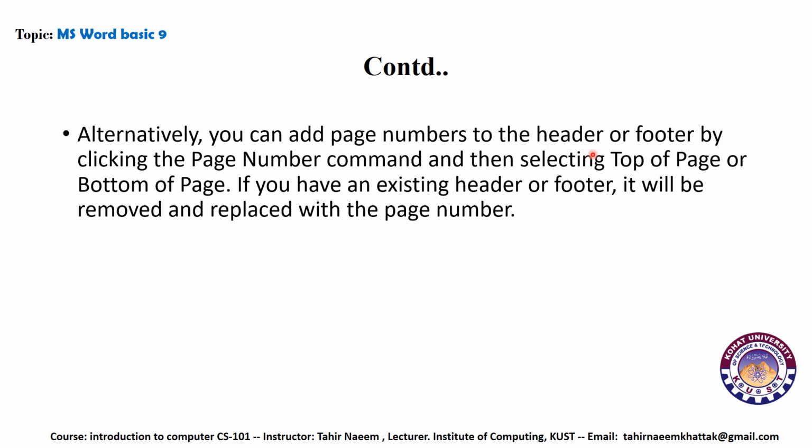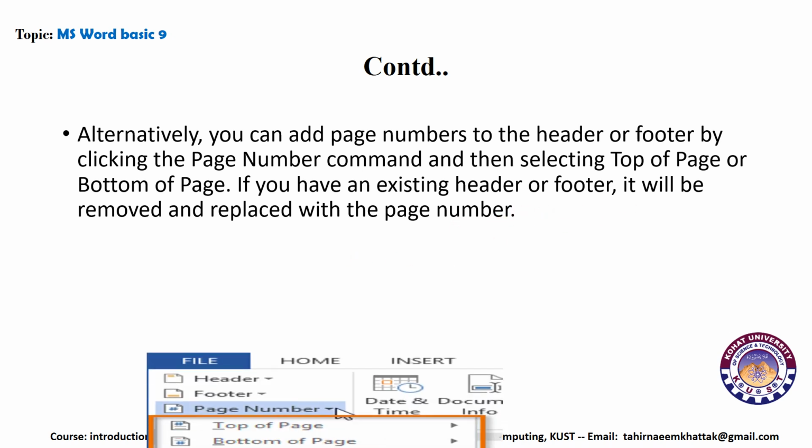We can also add numbers to the header and footer by clicking the page number command and selecting the top or bottom of page, without going to header and footer. If we have an existing header and footer, it will be removed and replaced with page numbers.